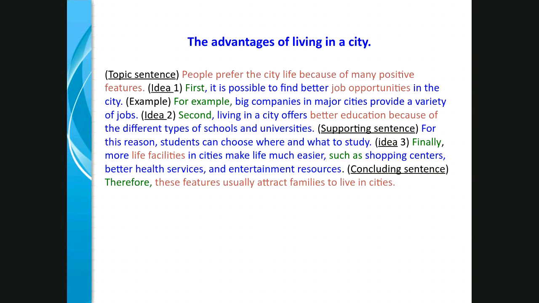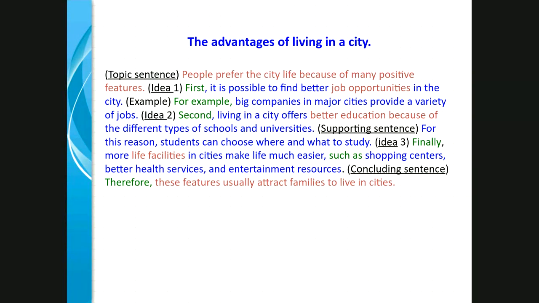Finally, more life facilities in cities make life much easier. Because of the many life facilities, it makes life much easier. And here I made an example such as shopping centers, better health services, and entertainment resources.